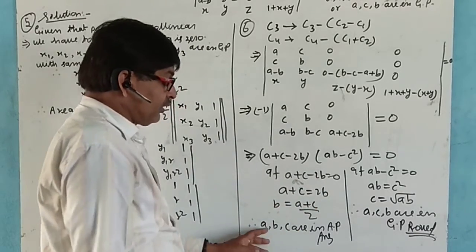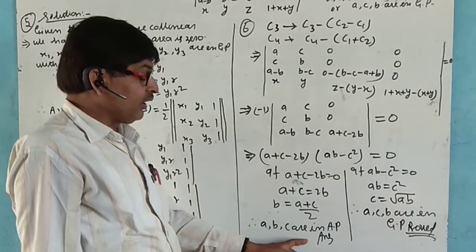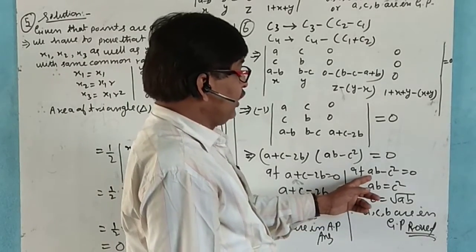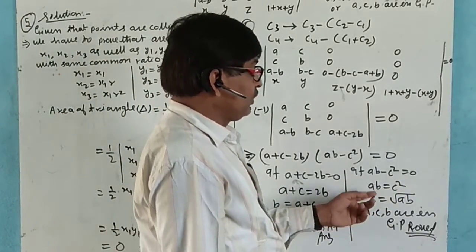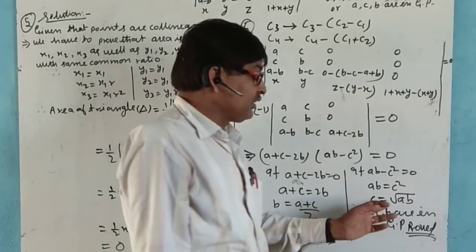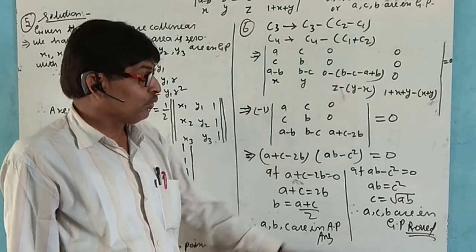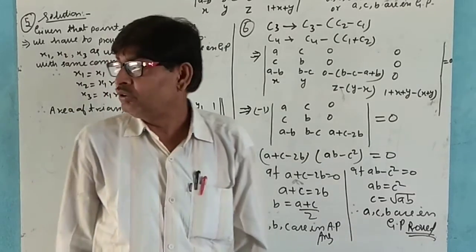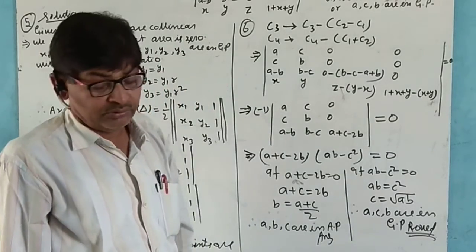This is the condition for A, B, C to be in AP. And AB minus C square is equal to 0 means that AB is equal to C square, and C equals under root AB, so that A, C, B are in the geometric progression.